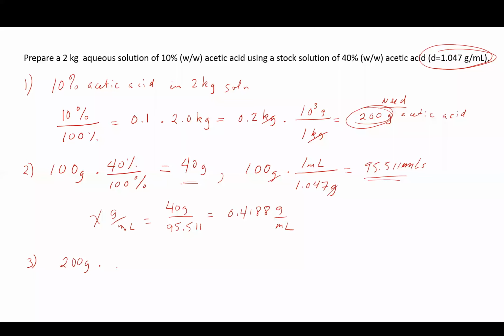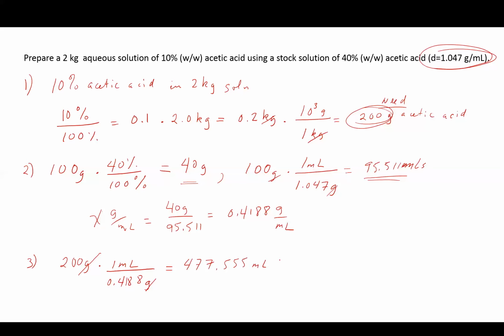To convert this into volume, we take 1 mil is equivalent to 0.4188 grams. Grams are going to cancel. If we do this calculation, 200 divided by 0.4188, then we get 477.555 milliliters on our calculator.